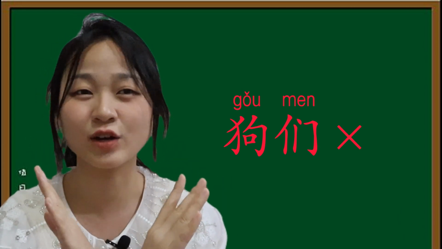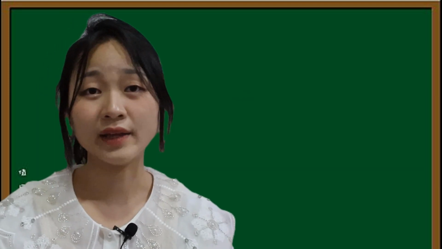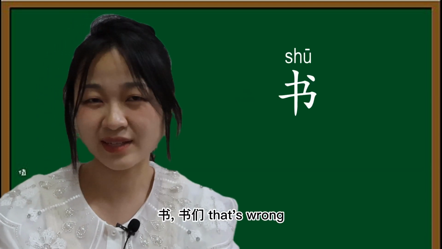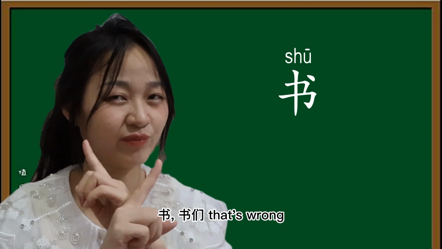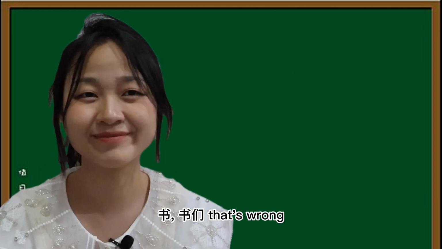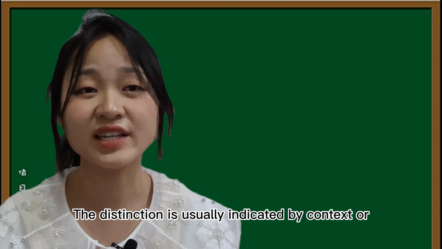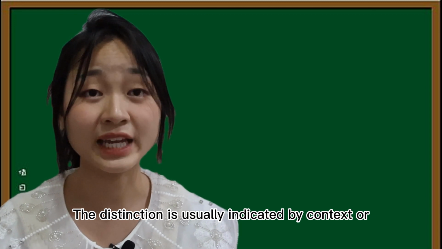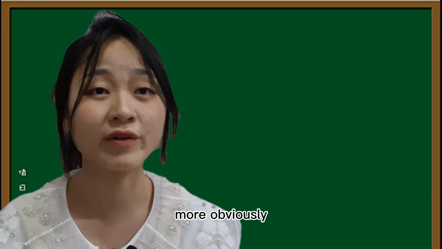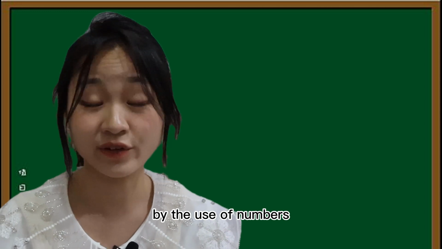We cannot say 狗们. And 书, can you say 书们? No, it's wrong. The distinction is usually indicated by context or more obviously by the use of numbers.